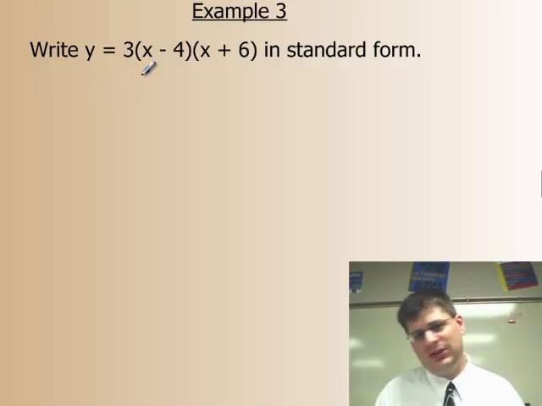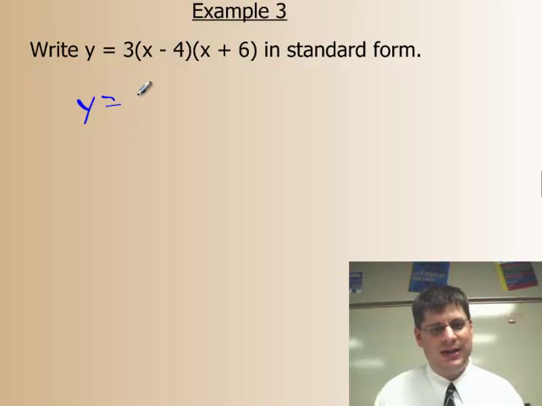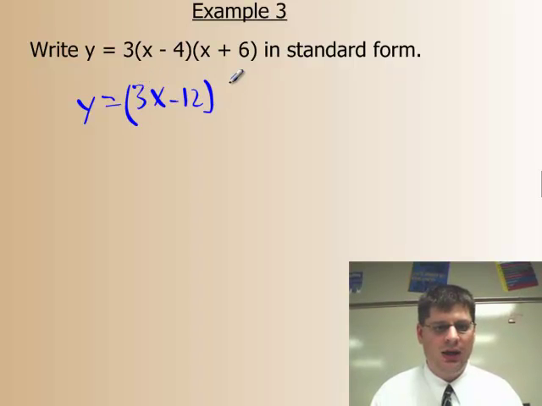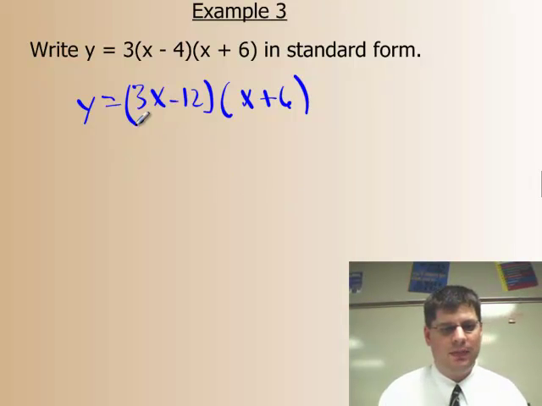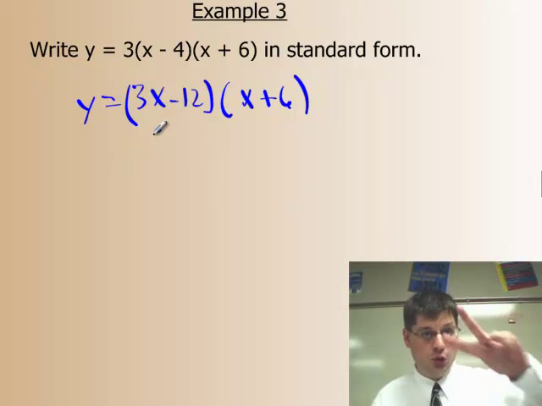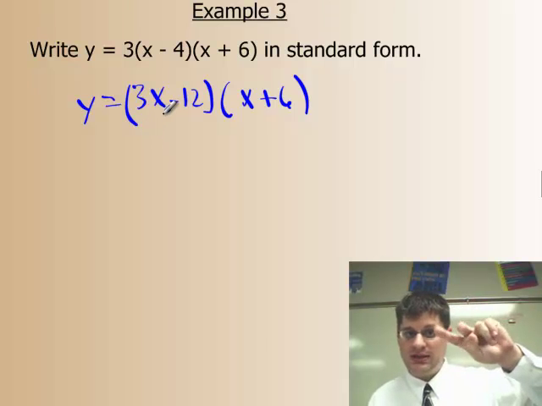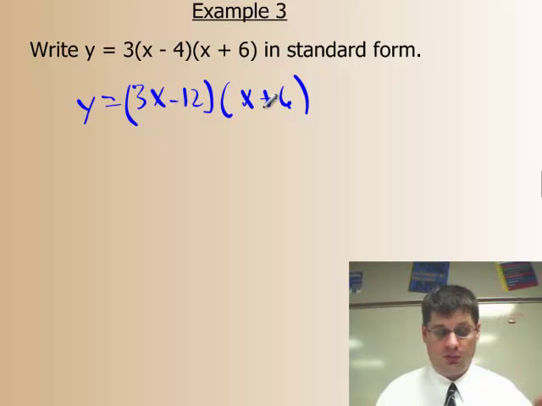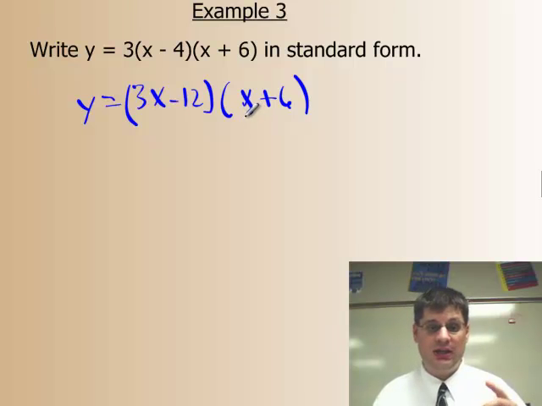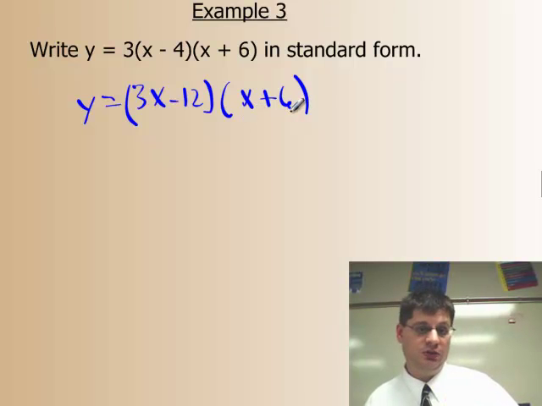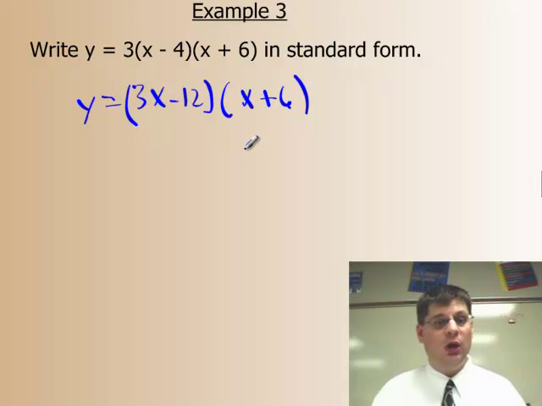So all you have to do is just multiply this mess together. So y equals, so I'm going to distribute 3x minus 12, and x plus 6. Now you have a binomial here, binomial meaning two monomials, 3x and minus 12 are the monomials, and then x and 6 are the monomials for the binomial on the right. So how do we do that?